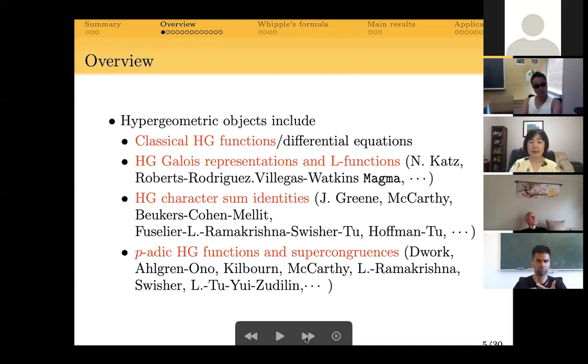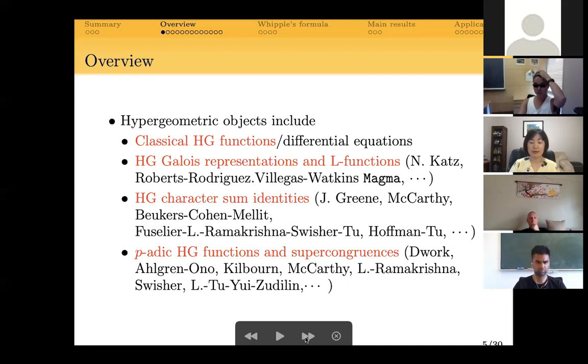There is another side, which is called p-adic hypergeometric functions, initiated in the work of Dwork. It was also pushed forward by some very influential conjectures, including one made by Fritz Beukers on the Apéry numbers supercongruences, which was proved by Scott Ahlgren and Ken Ono in 2000.